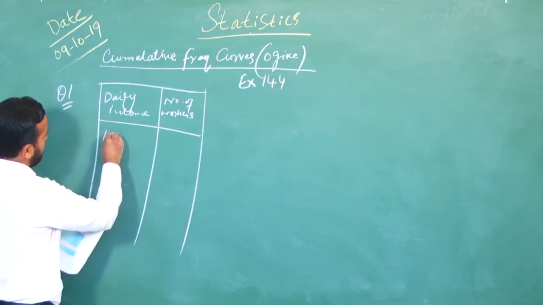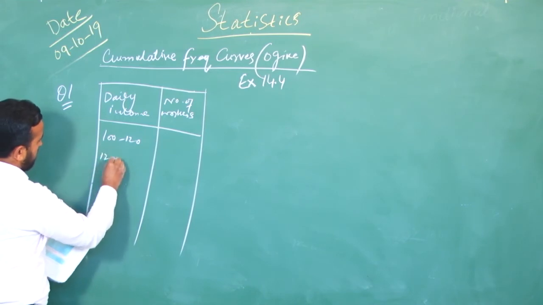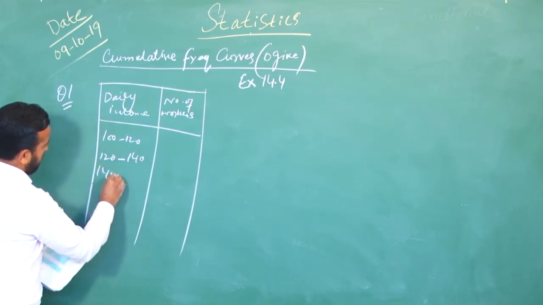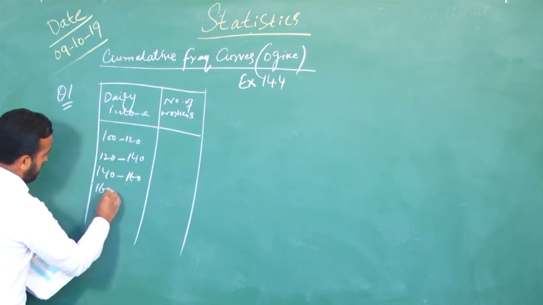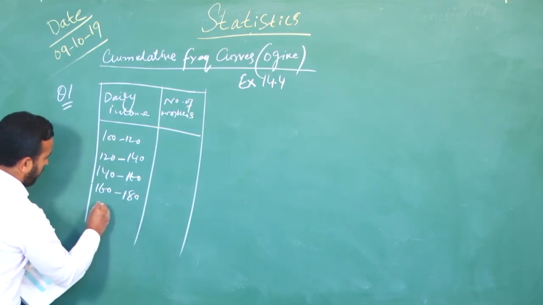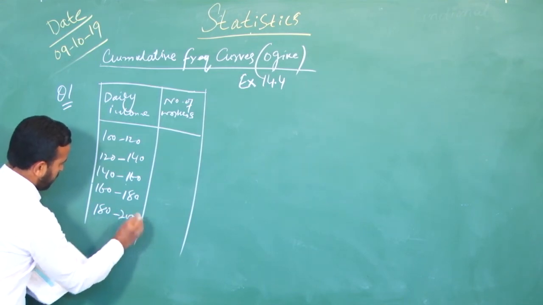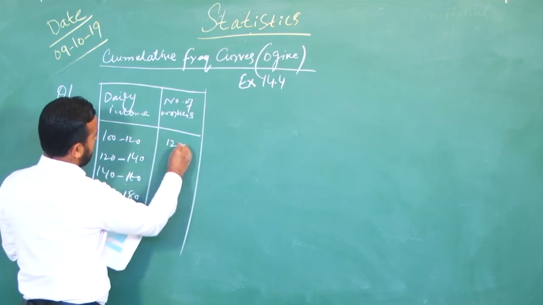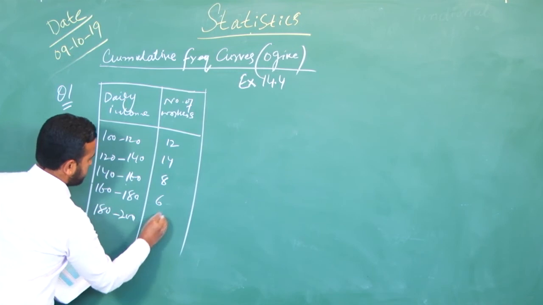Daily income 100 to 120, 120 to 140, 140 to 160, 160 to 180, 180 to 200. And the corresponding frequencies are 12, 14, 8, 6 and 10.